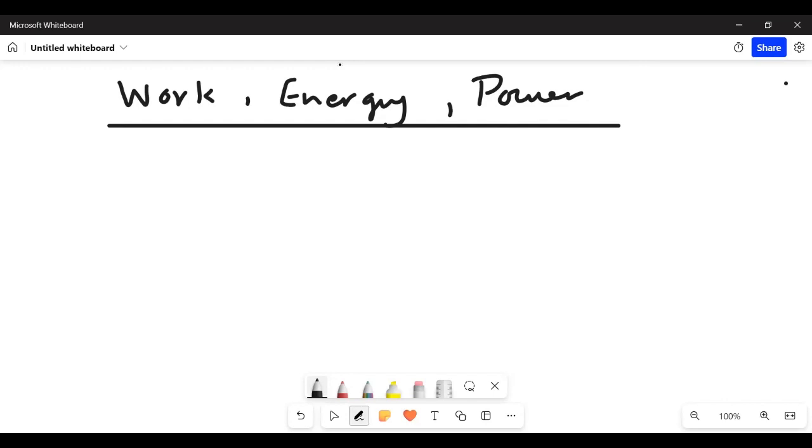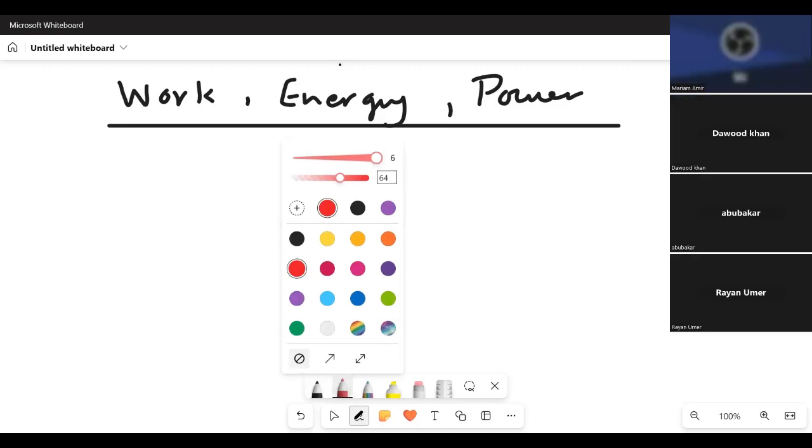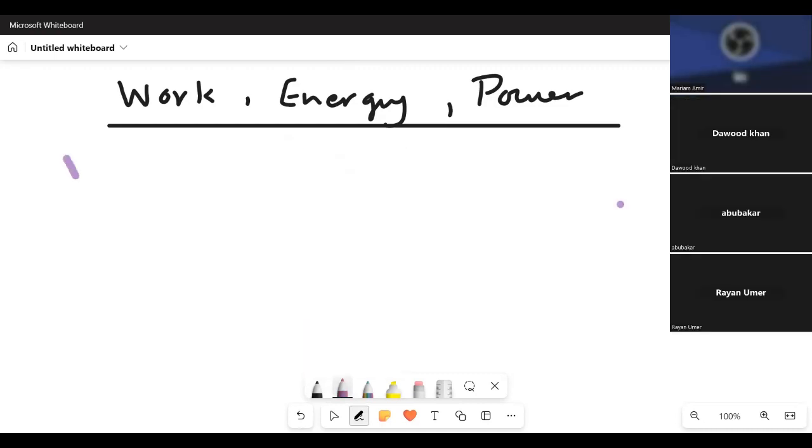So this new topic is about work, energy, and power. Let's discuss what we need to know about work in mechanics. Okay. So work done is equal to force times distance.